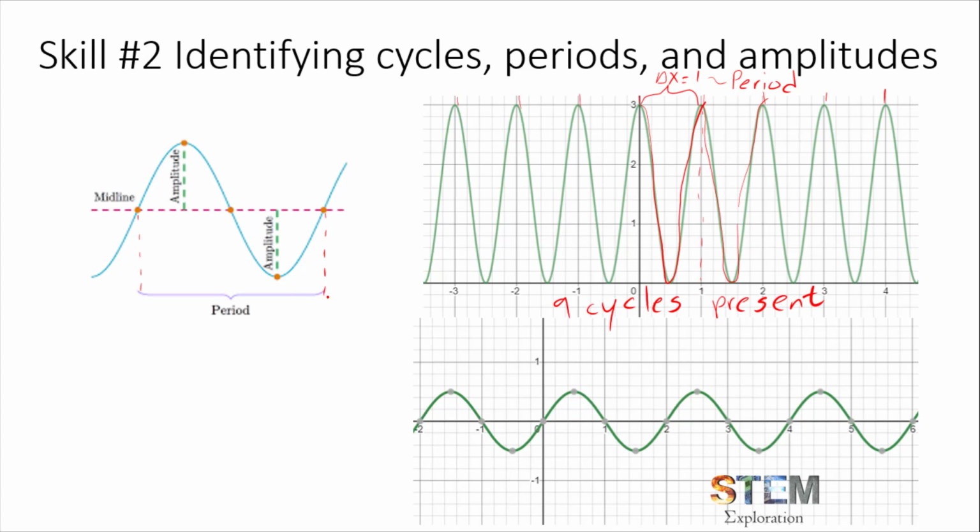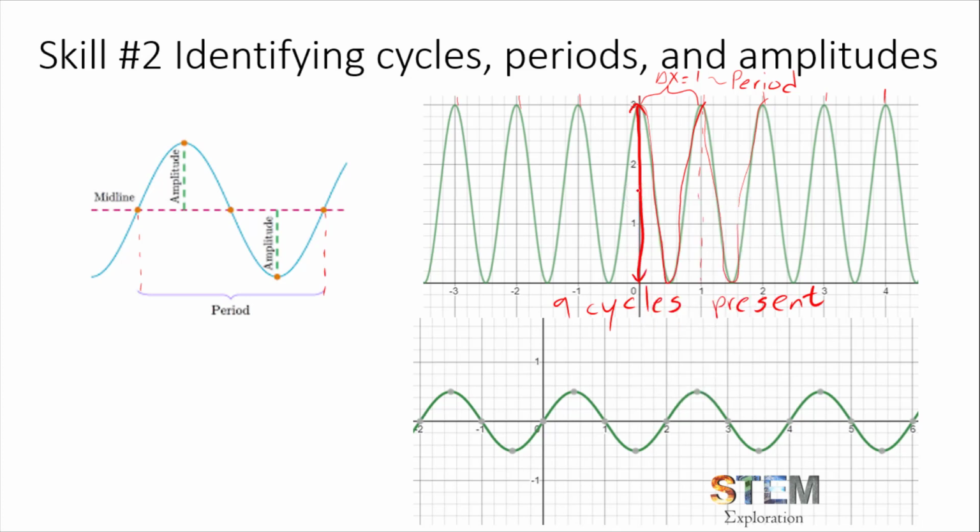Okay, and then if we want to know the amplitude, what I'm going to do is find the midpoint. So I see this goes from 0 to 3. Okay, so that is the total height of my periodic function. So the midpoint of this is going to be at 1.5.